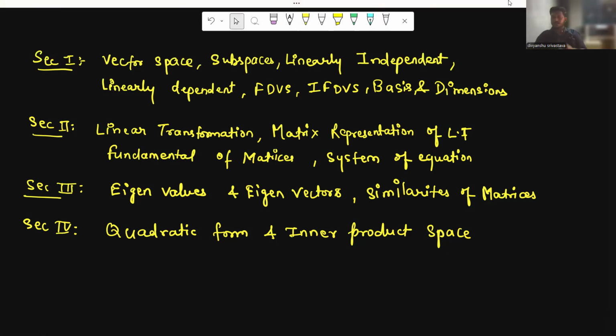So these are the important sections for any competitive exam, that is for CSIR NET, NBHM, GATE, or many exams.